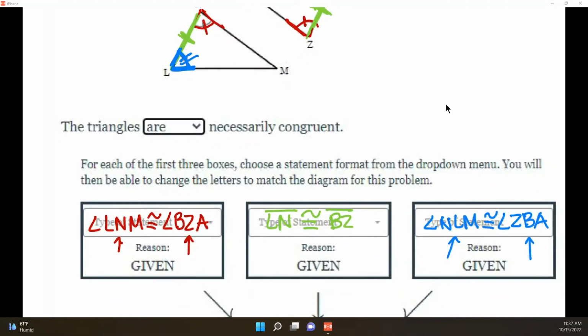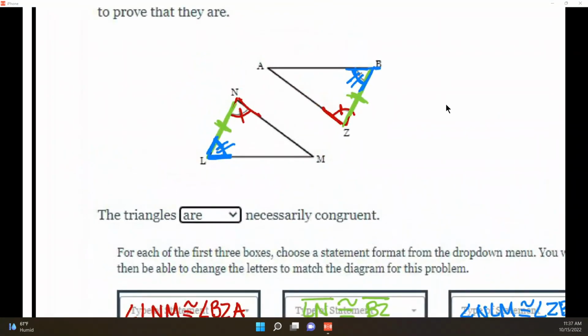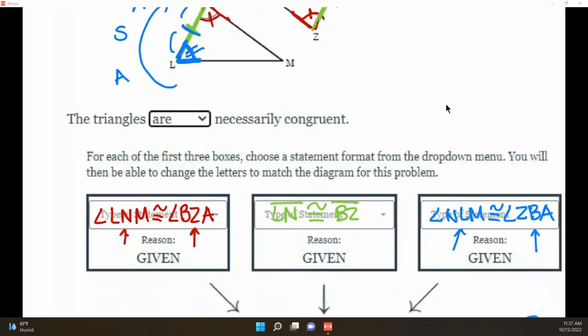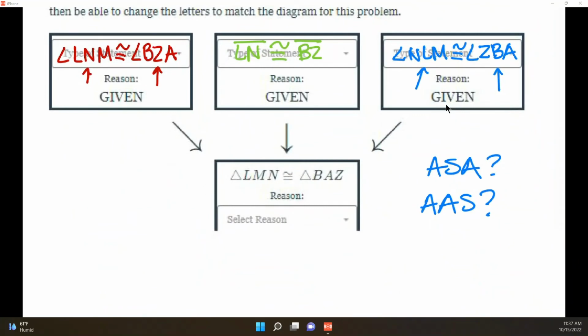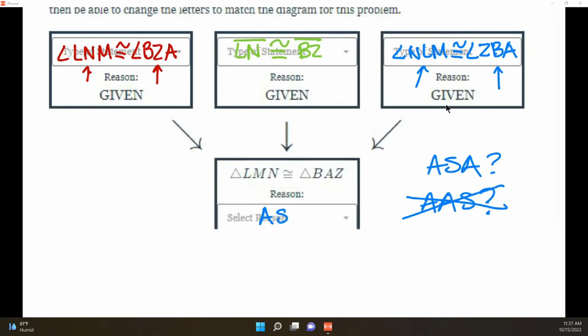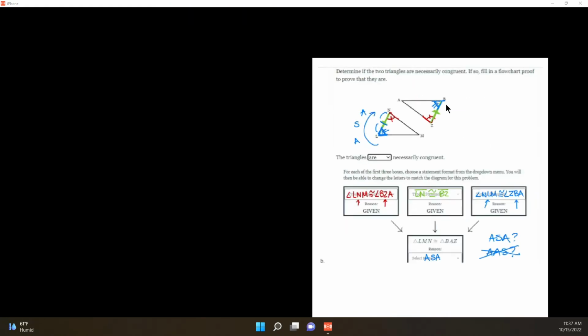As I go around this triangle, I see my angle, then my angle, then my side, then my angle. This side right here is in between the two congruent angles. Okay, so this is angle, side, angle, not angle, angle, side. It's all about the order you see things in as you go around the triangle.